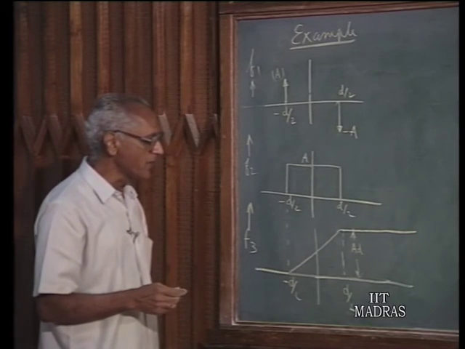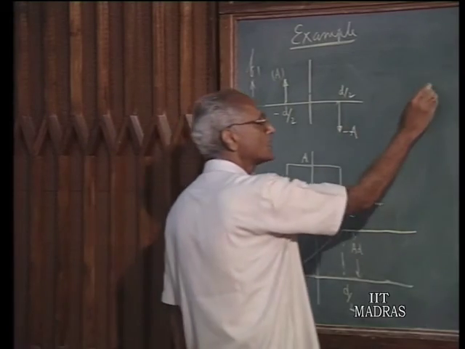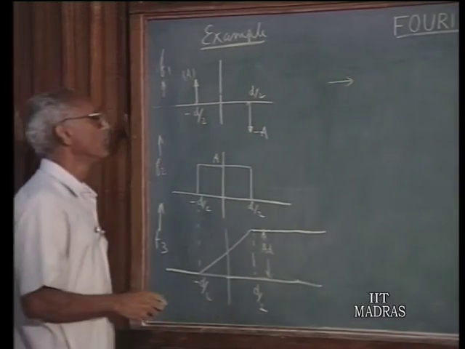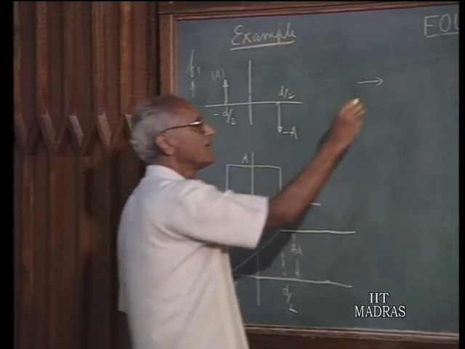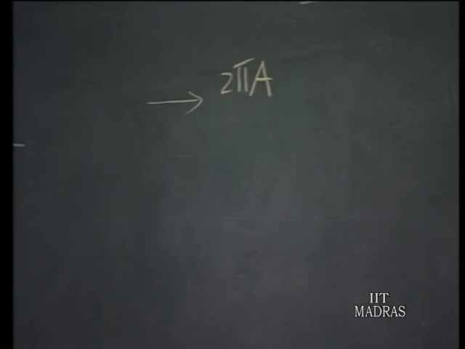Our motivation for doing this is that the Fourier transform for this is very simple, because it consists of a pair of impulses. We know the Fourier transform of this is 2 pi a.